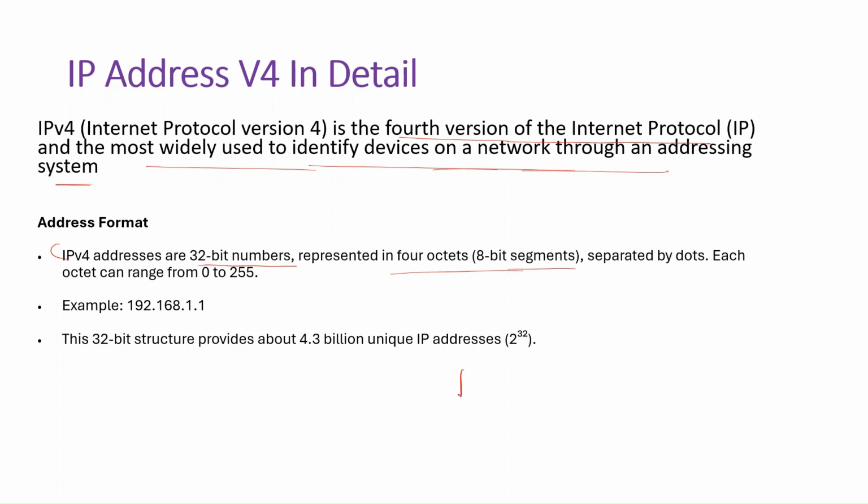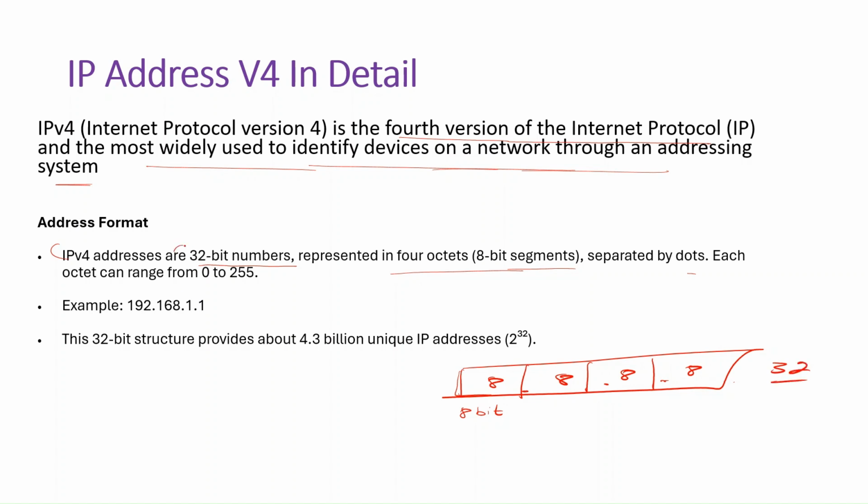For example, each block is separated by a dot, so dot 1, dot 2, dot 3 and dot 4, and each block has 8 bits, which is 8 8 8 8, so a total of a 32-bit IP address.